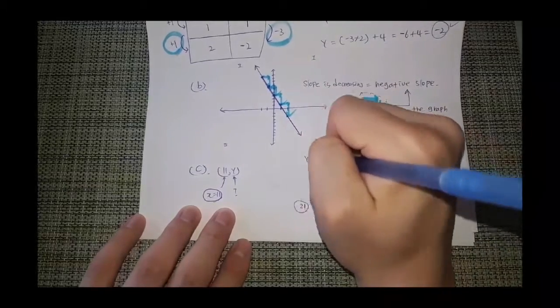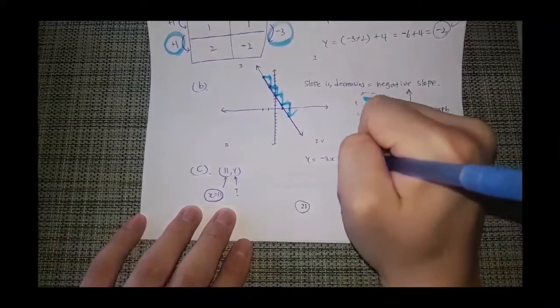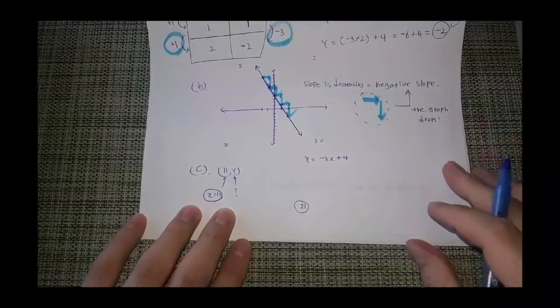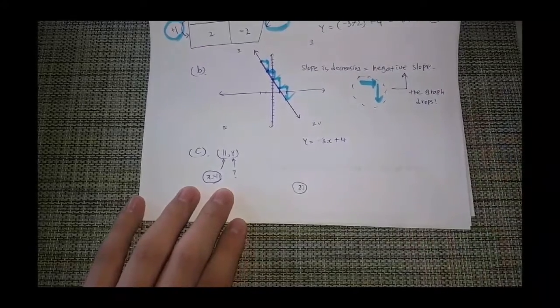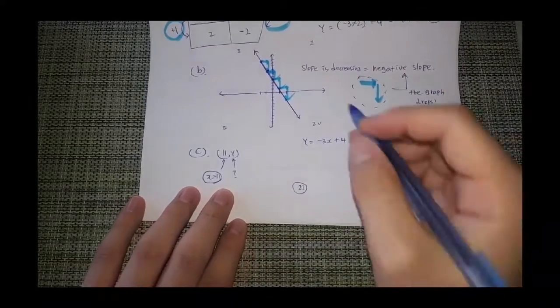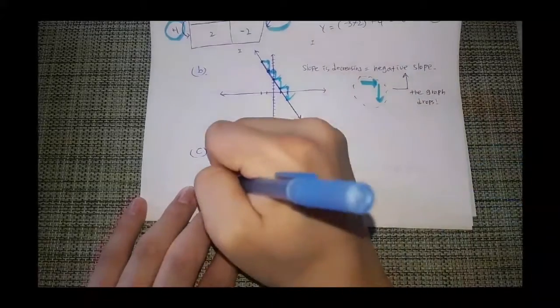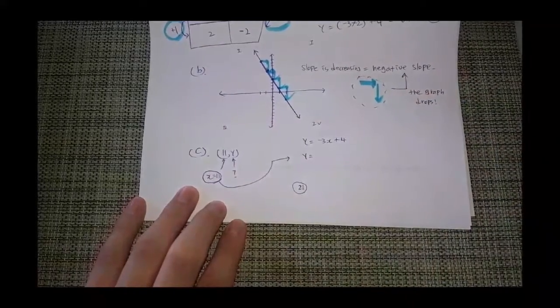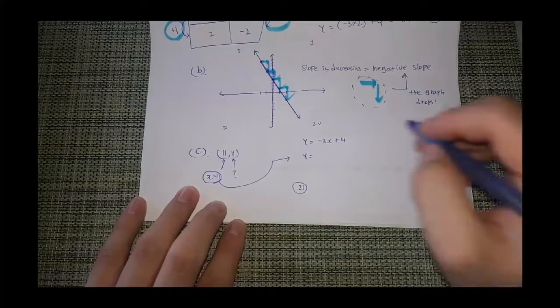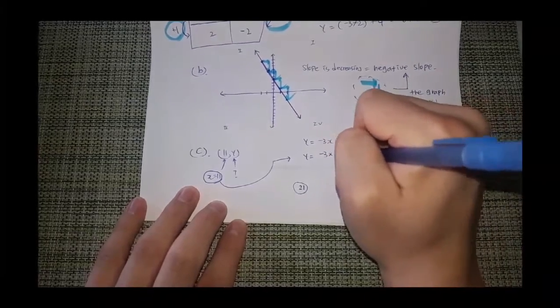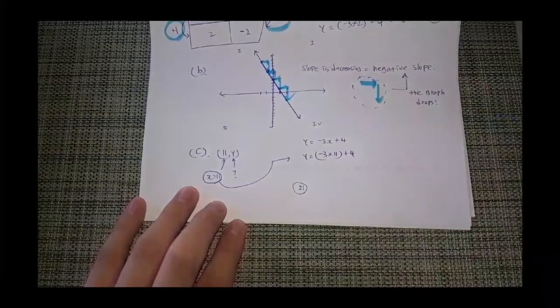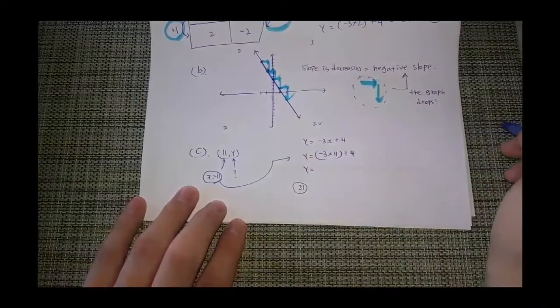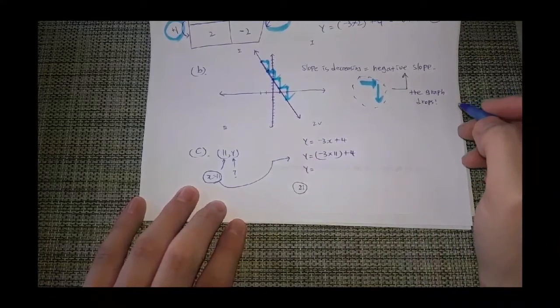So I want you to copy your linear equation, or expression, sorry. We're trying to find the y value once we substitute x equal to 11. So instead of negative 3x, it's negative 3 multiplied by 11, plus 4. You can use a calculator at this point too.